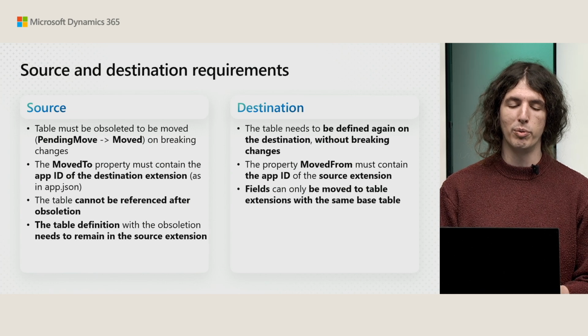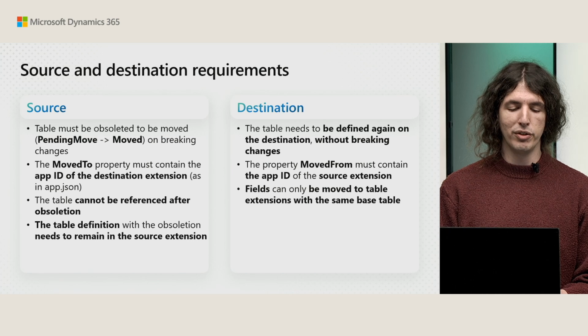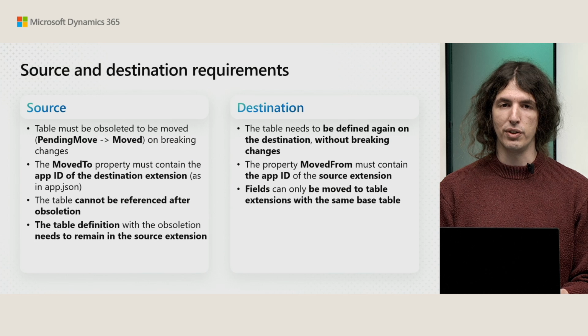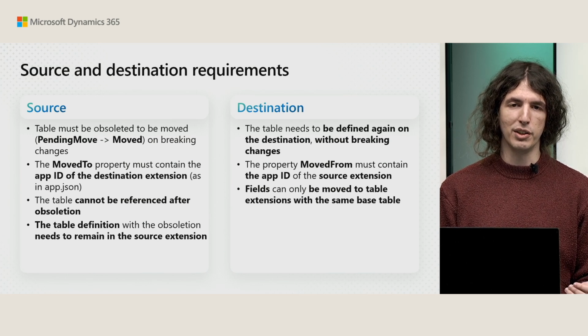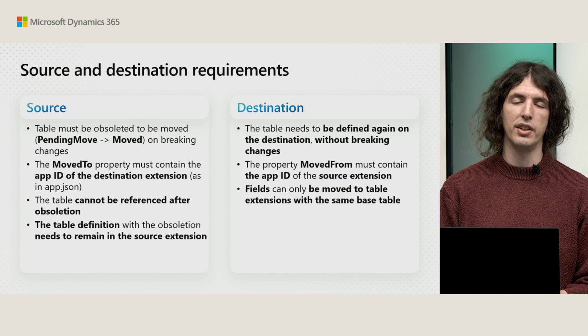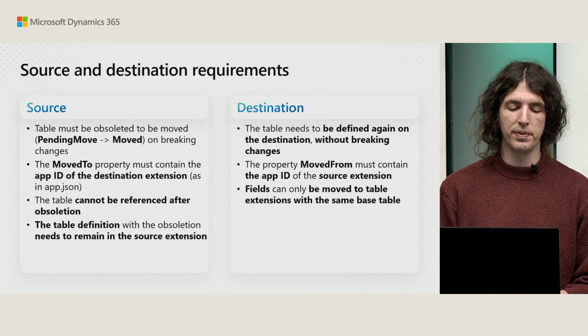We need to use the PendingMove property, as I mentioned before. Then, in terms of the MoveTo property, it must contain the app ID of the destination extension. If it does not, then it will not be possible to make the move successfully, because there is validation that these app IDs match.